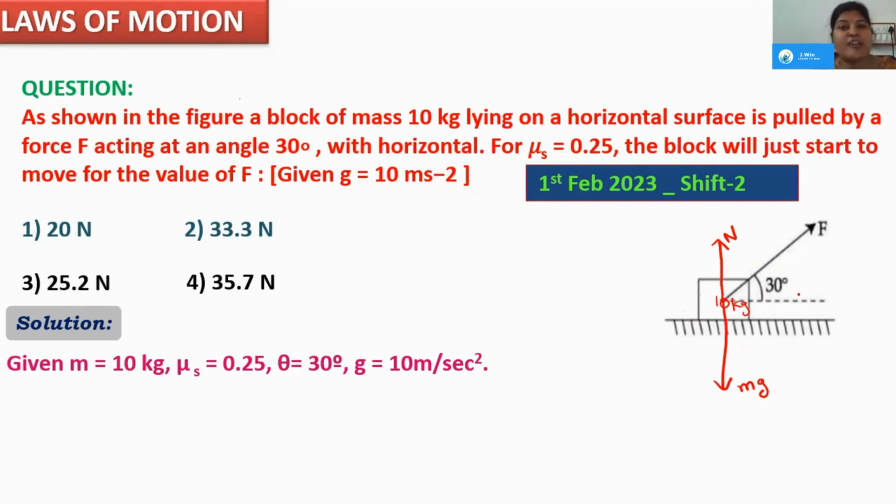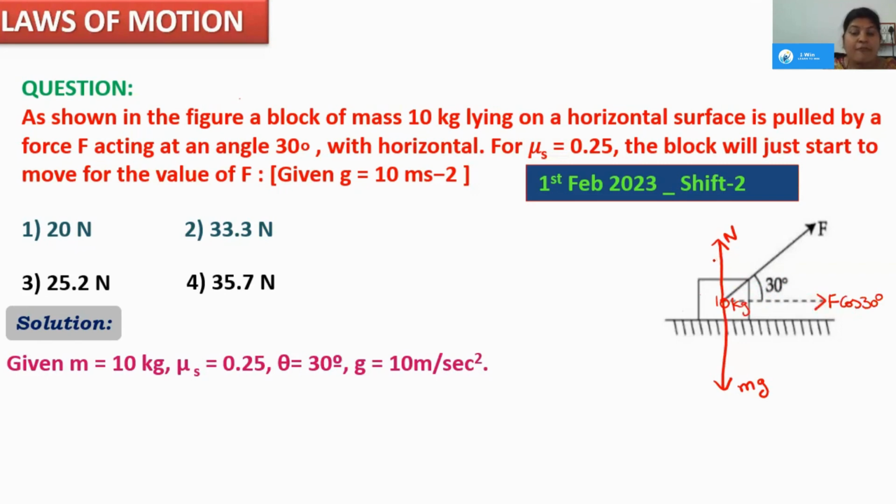That's why we resolve this F into two rectangular components. Its horizontal component comes along this direction, which is F cos theta. Theta is the angle made by the force with the horizontal, so F cos theta is the horizontal component, right? Here the angle is 30 degrees, and it comes along this direction.